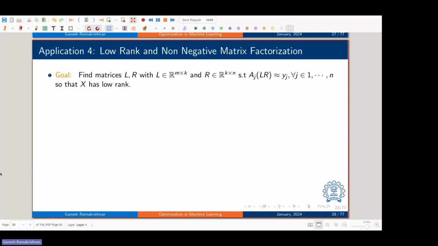So there are multiple possibilities. One is to have low rank. But that's typically not the case. We'll come to that. One possibility is requiring them to have low ranks.